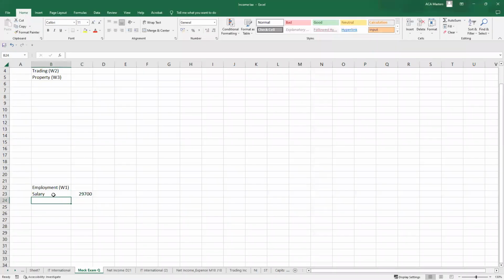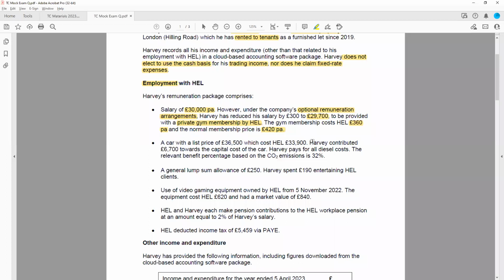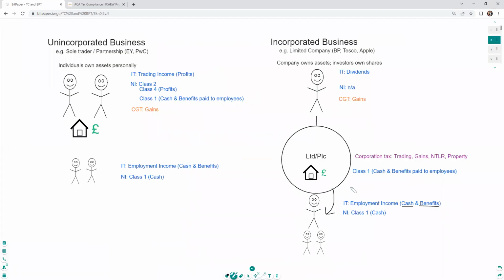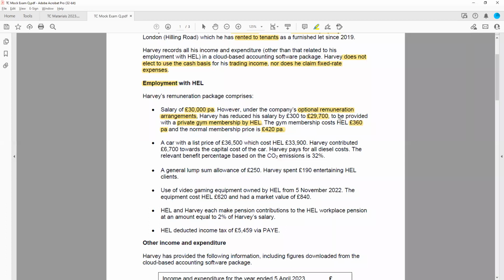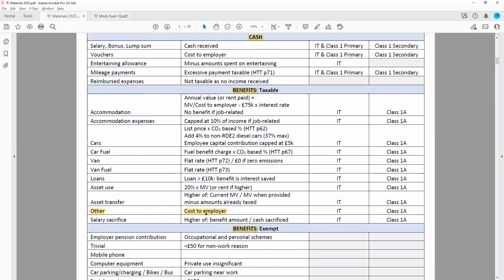But what we need to do is decide how this is taxed. Of course, we know that a private gym membership provided by the employer, where they paid a gym membership fee on his behalf, would be a taxable benefit. And when it's taxable, it's going to be the cost to the employer. There's no specific rule here like there is with cars or accommodation.